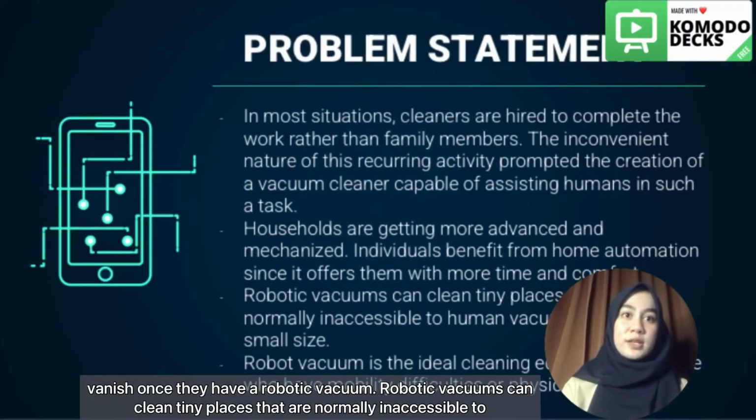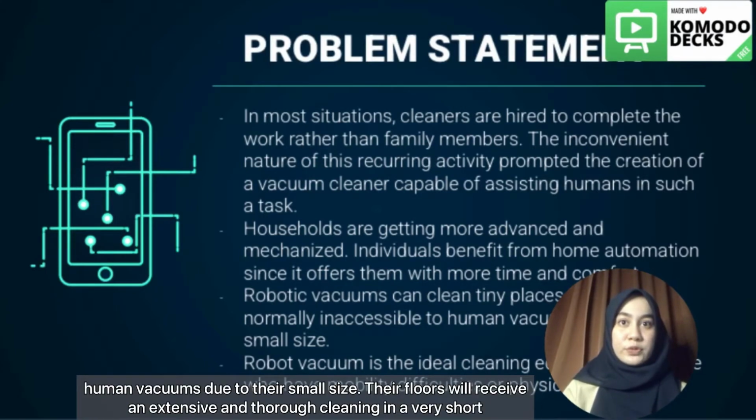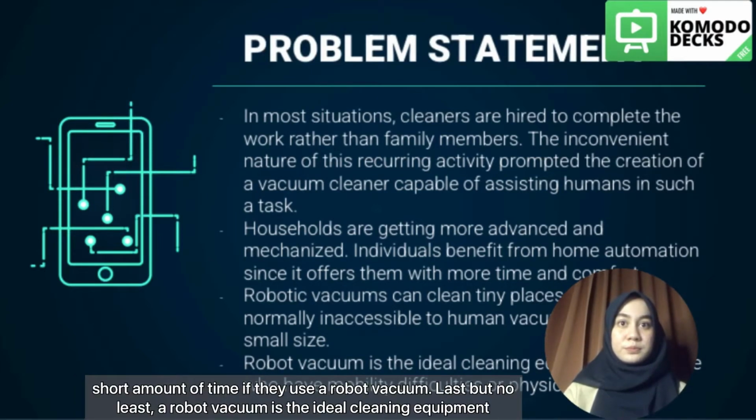So, robotic vacuums can clean tiny places that are normally inaccessible to human vacuums due to their small size. So, your floor will receive an extensive and thorough cleaning in a short amount of time.